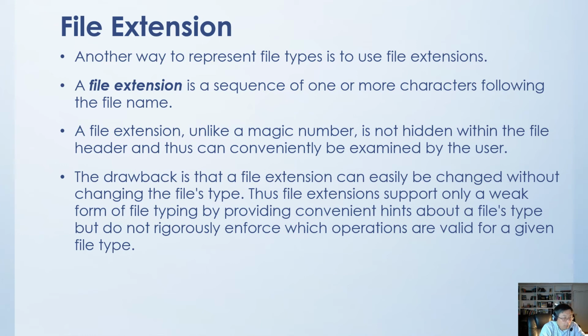Now, many operating systems support file extensions. A file extension is another way to represent the file type. It is a sequence of one or more characters following the file name. For example, if you have a file named myfile, you can use an extension after the period, the dot, and then say doc.